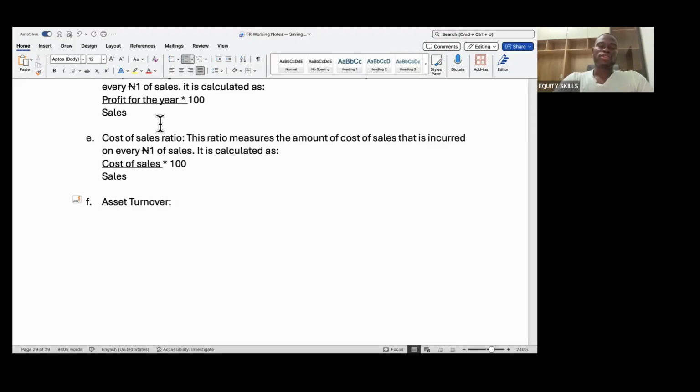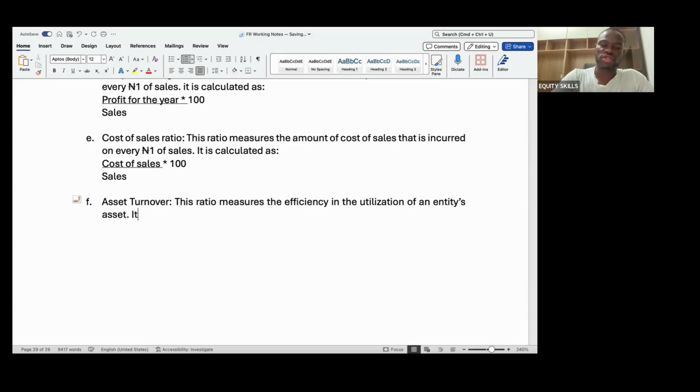We have asset turnover. And what this ratio measures is the efficiency in the utilization of an entity's asset.